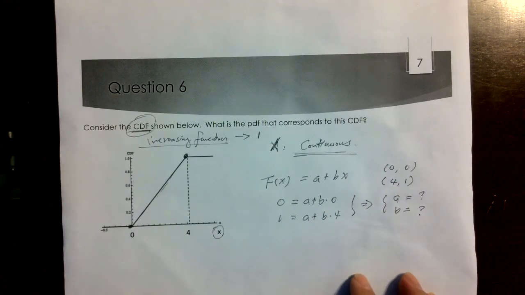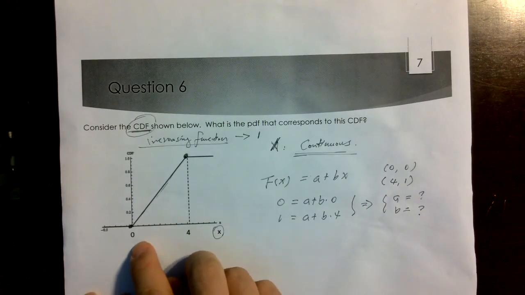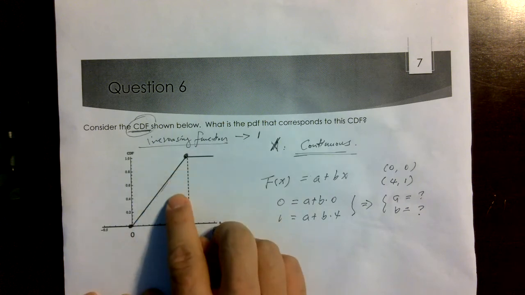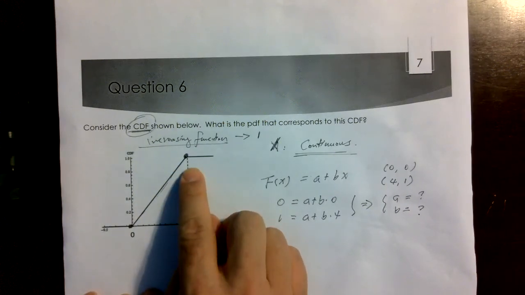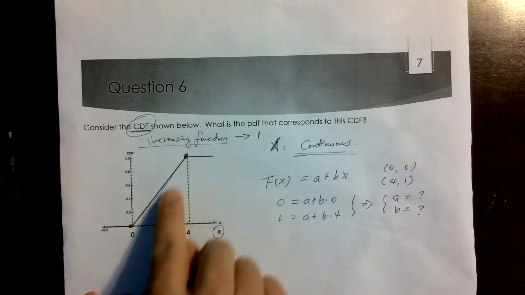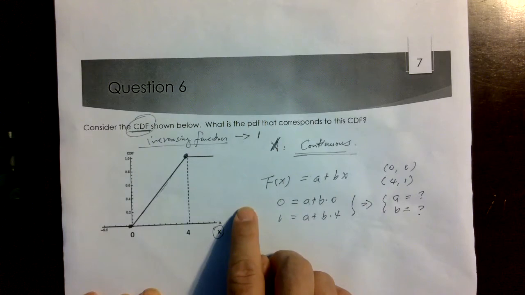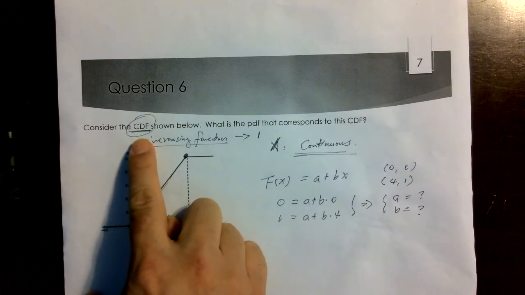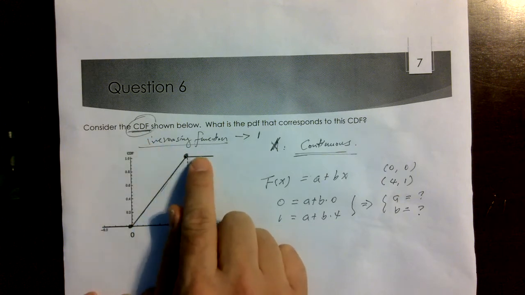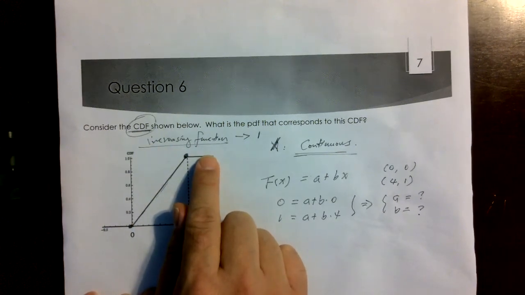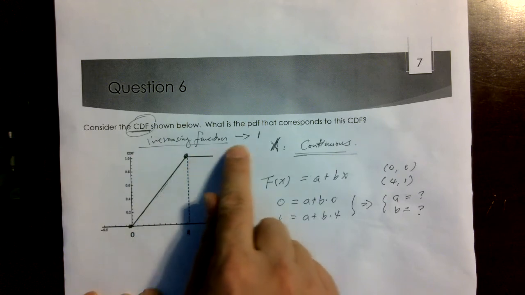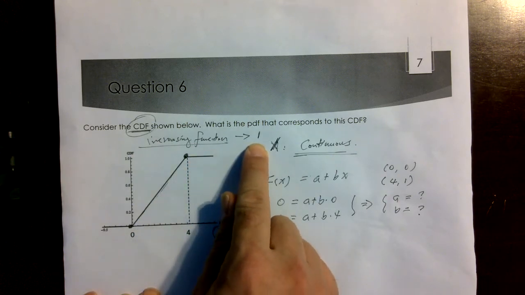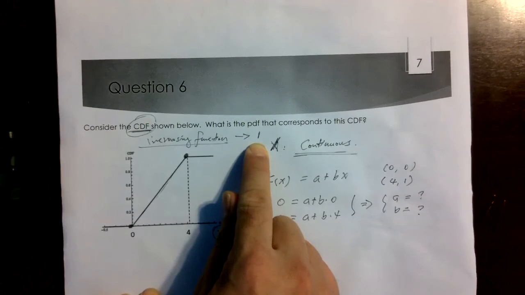Last question is about being given a CDF, cumulative distribution function. All right, you are given this graph to figure out what the cumulative distribution function is. The cumulative distribution function is always an increasing function, and it always increases to 1, because eventually the total probability equals 1.